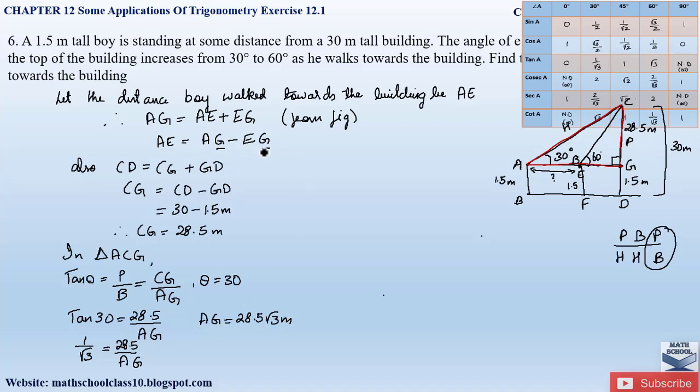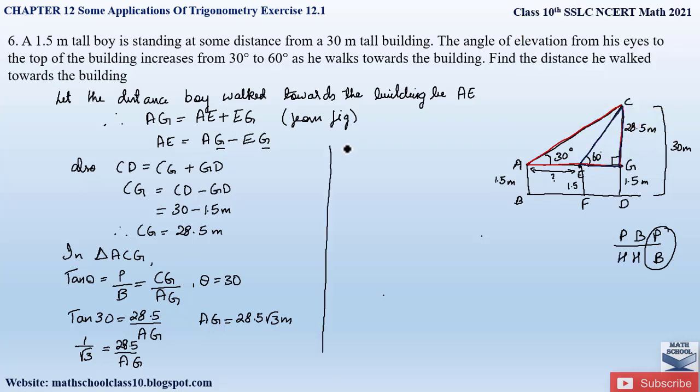Now similarly let us find out EG. The side EG is formed by the triangle ECG, right? So now let us consider this triangle ECG. Again here the acute angle is at angle E, so the side opposite the acute angle is the perpendicular, the side along will be the base and EC will be our hypotenuse.